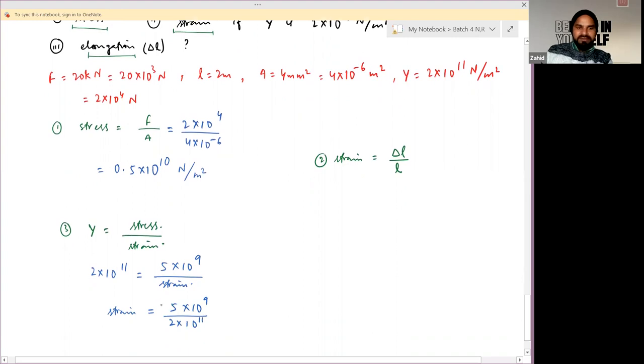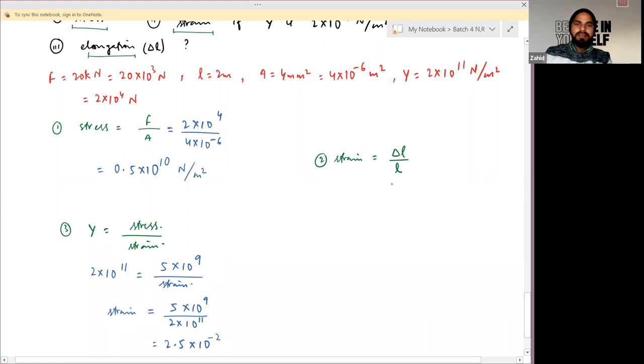So on dividing 5 by 2, you will get 2.5 into 10 to the power 9, and here you have 10 to the power 11. On moving to numerator, it will become minus 11. So 9 minus 11, it will be minus 2. And as strain is a unitless quantity, it will be as it is. Is it clear?